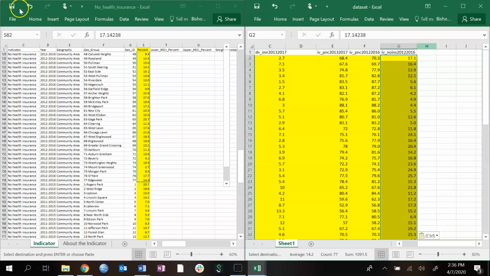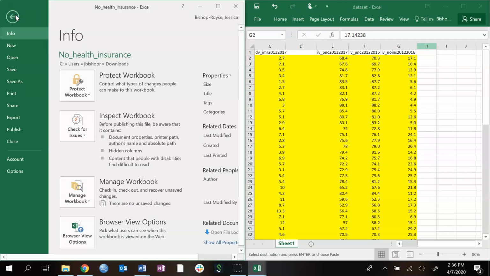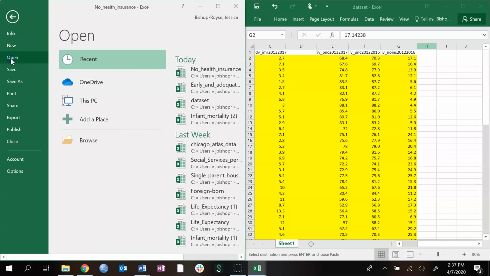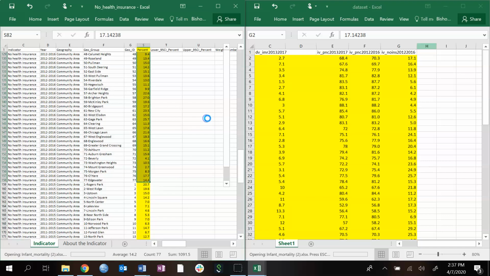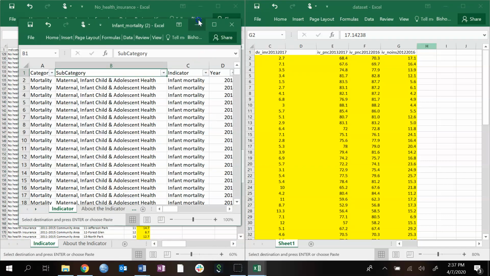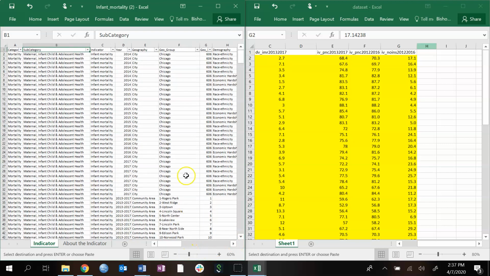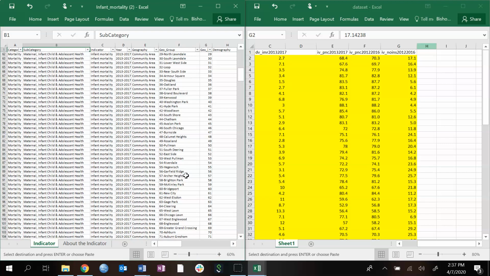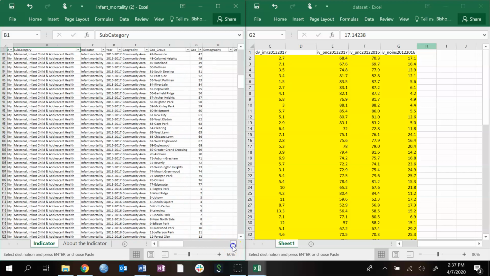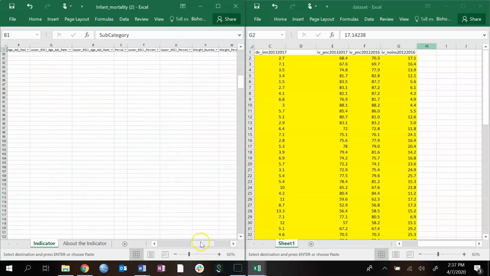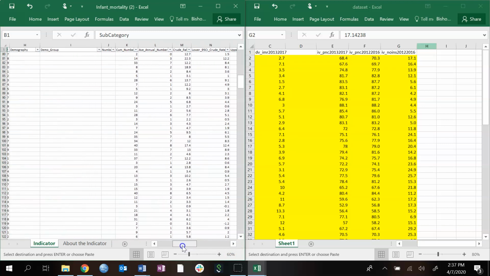Let me go back to the infant mortality file that we had. This is here, and we had 2012 to 2016, and we've got to hide all these other columns.